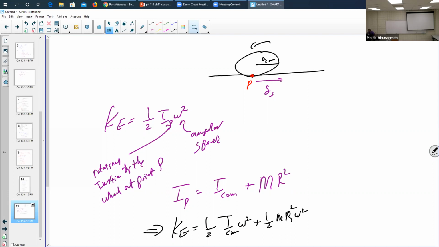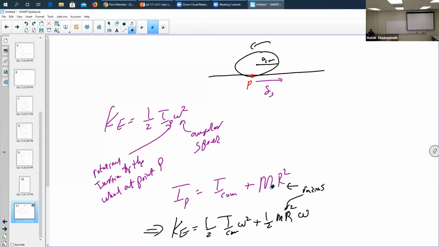Actually, I'll use big R. Let me write this a little better: radius, and this is omega.